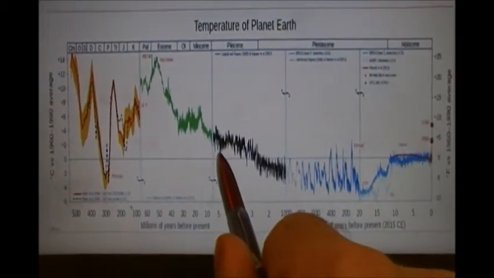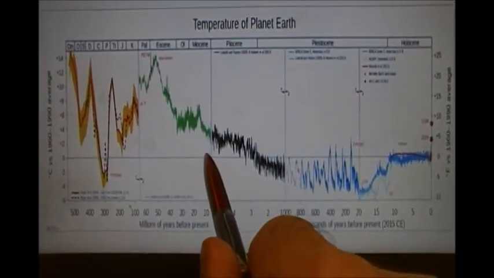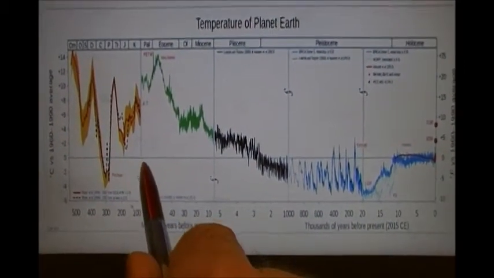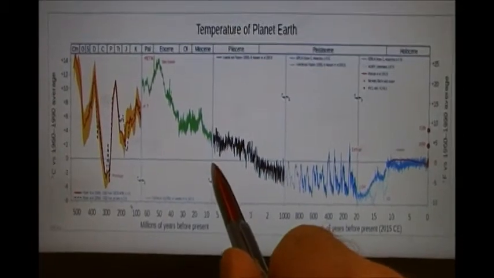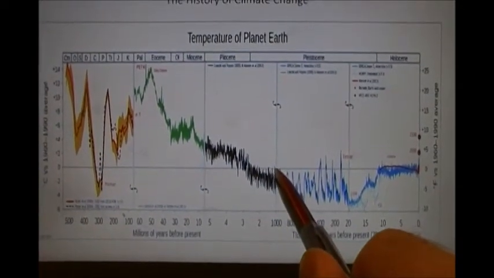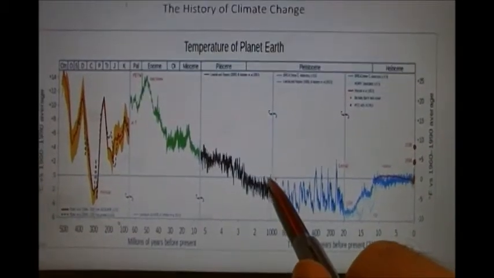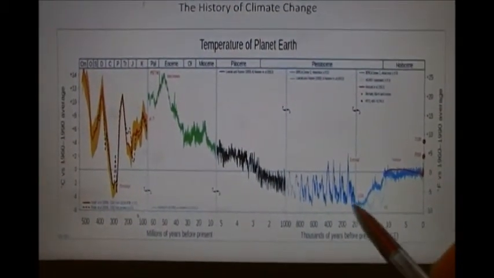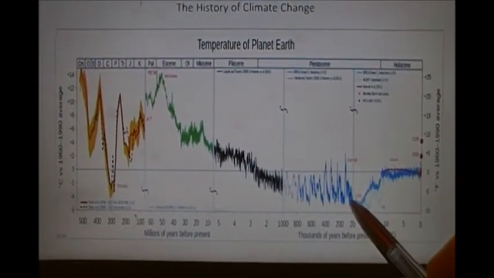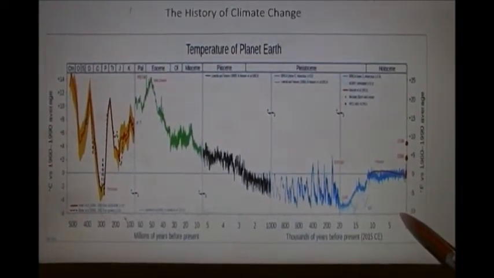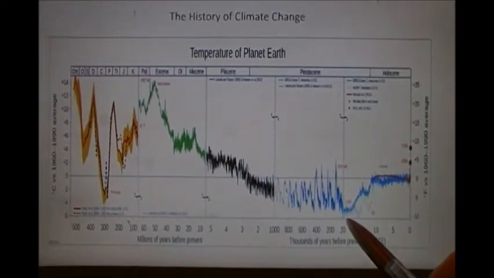The next area is only covering about 100 million years. So this is 500 million years, the next section only 100 million years. This section is only 5 million years. This section covers about 1 million years. And then the last section on this chart only covers 20,000 years.